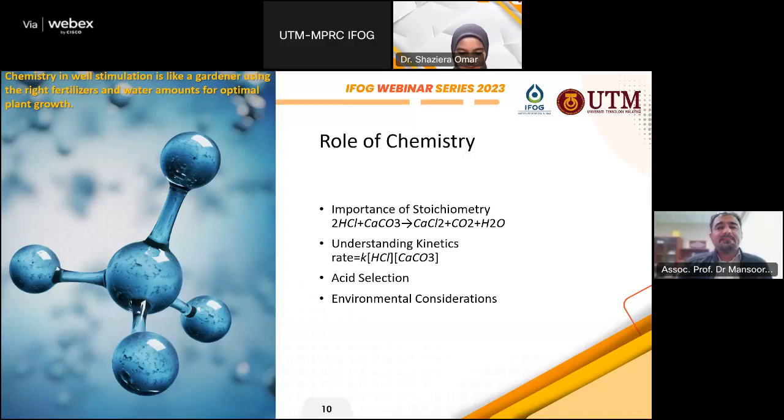So by understanding the kinetics of this reaction, operators can control the rate at which rock is dissolved. For example, if the reaction is too fast, it might lead to the creation of large wormholes that can reduce the overall effectiveness of the acidizing process. On the other hand, if the reaction is too slow, like in sandstone rocks, it might not provide the desired increase in permeability.